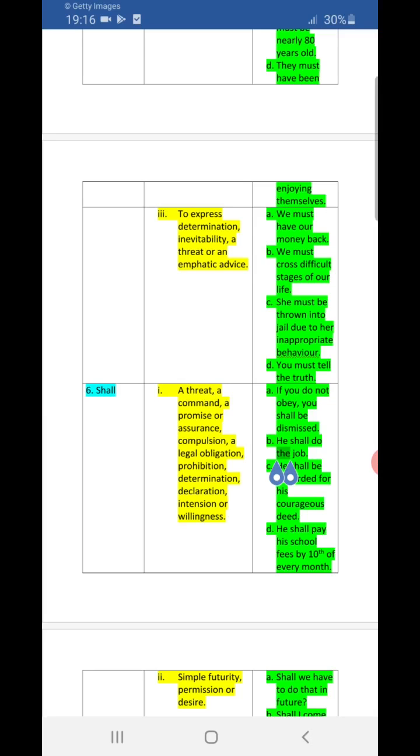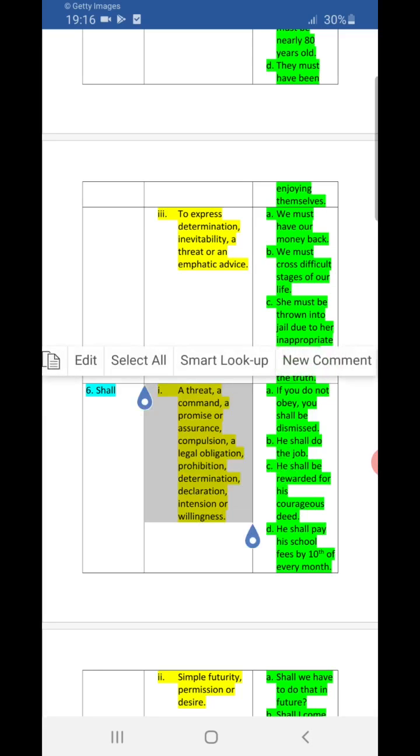Number B. He shall do the job. Okay. So it's a promise, assurance, or compulsion in some cases too. So he shall do the job.